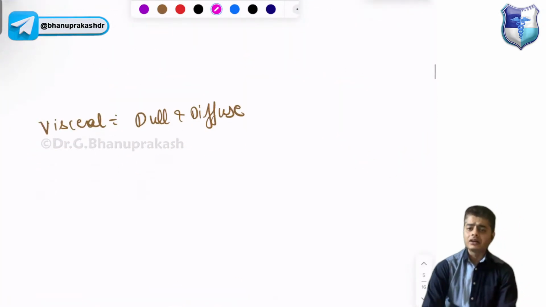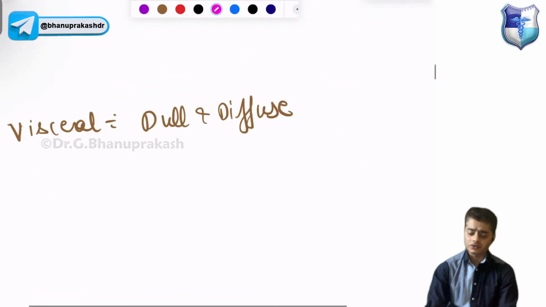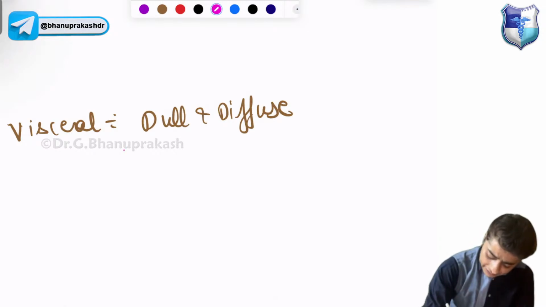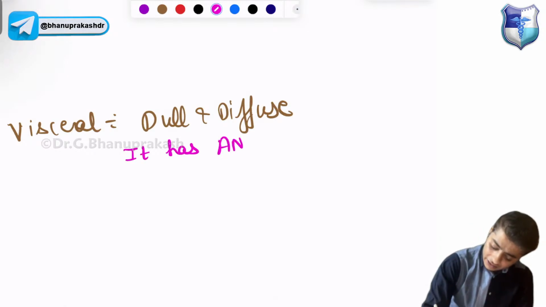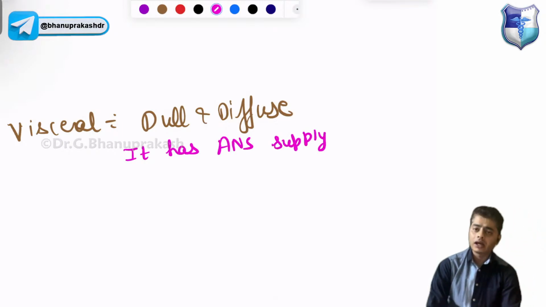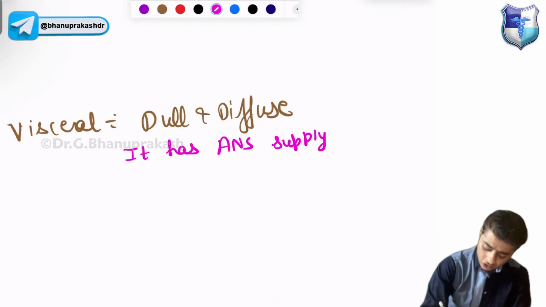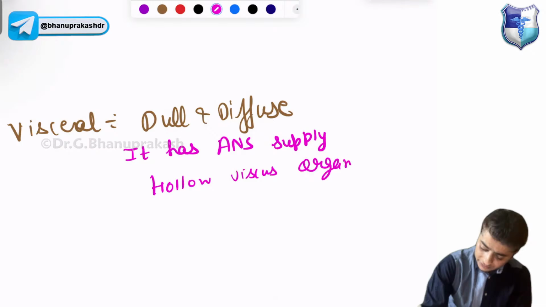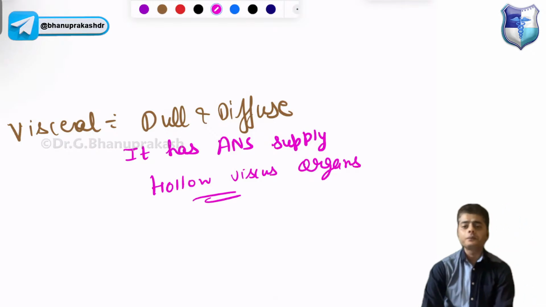Compared to that, visceral pain is dull and diffuse. Why? Because it has autonomic nervous system supply. And what does it cover? It covers hollow viscous organs.